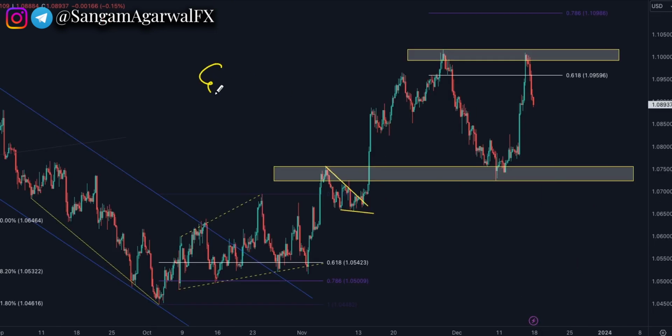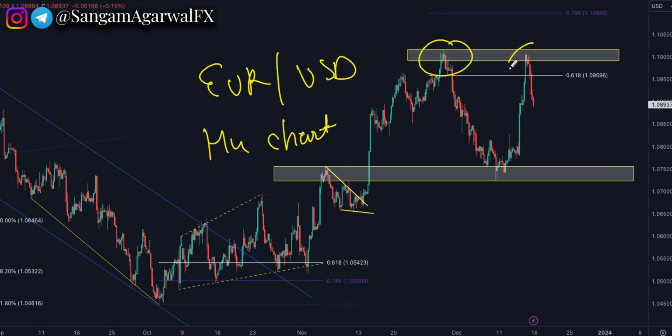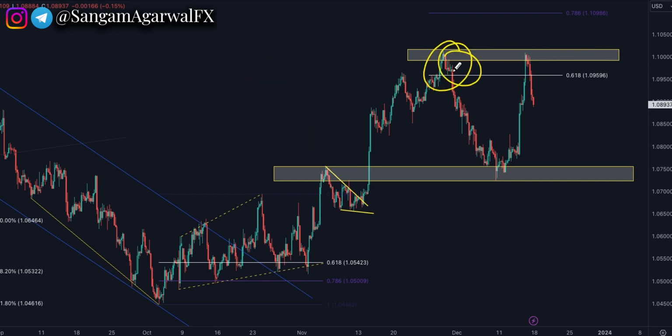Now if you see EUR/USD H4, this is your double top. Even before the first high, when price was testing the 61% retracement, I was bearish on EUR/USD. Now I am bearish again, and I think it will retest the 107 level. It will not stop before that.